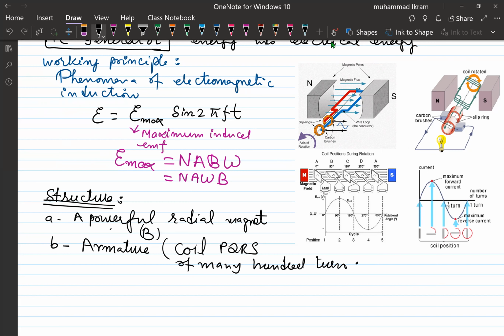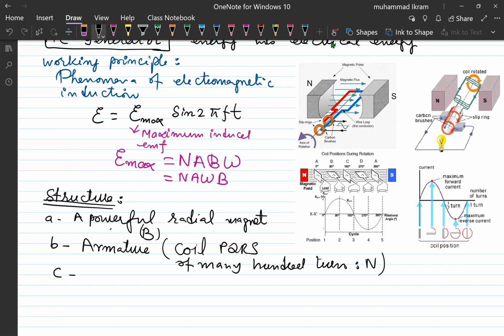Let's say n number of turns. It is then mounted on an axle, by using bearings, which is placed between the poles of the magnet in such a way that it can freely rotate. So that is the armature, the assembly of the coil and the axle.